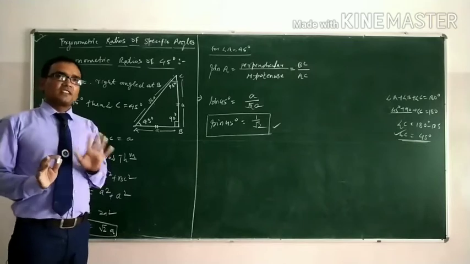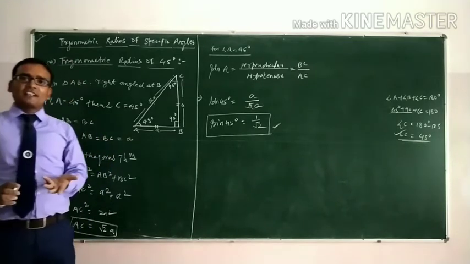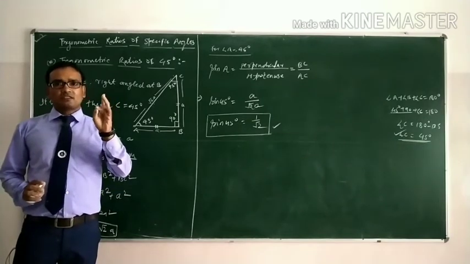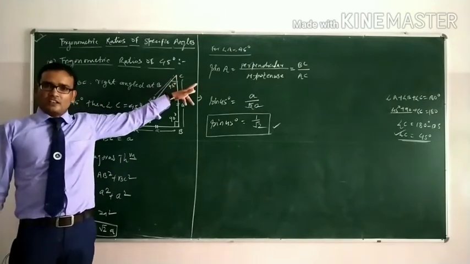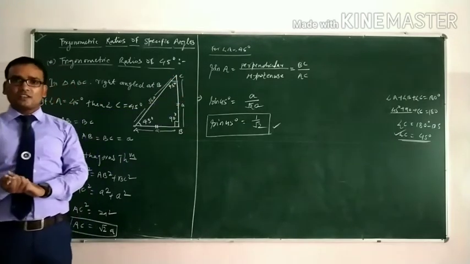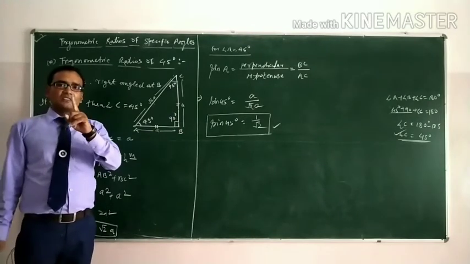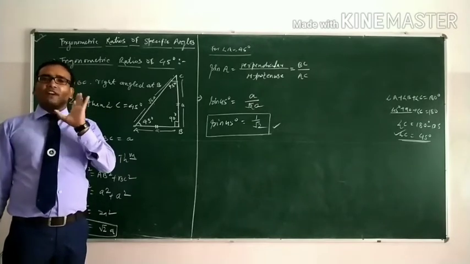Okay students, here our target is to find sine, cos, tan, cosec, sec, cot for the angle 45 degree and both angles are equal, then opposite sides are equal. Here we take one angle, angle A is 45 degree.